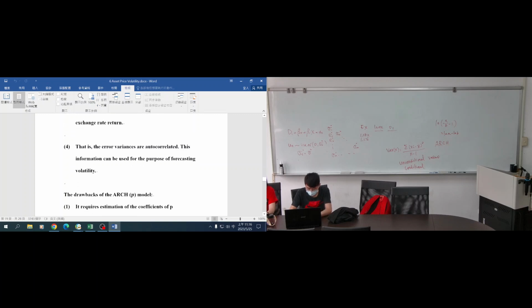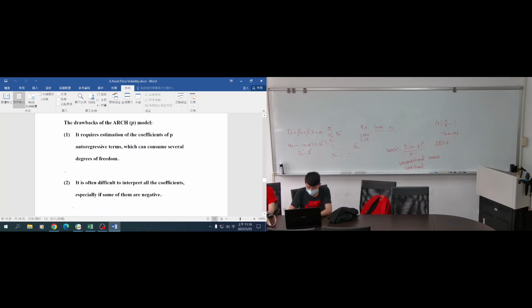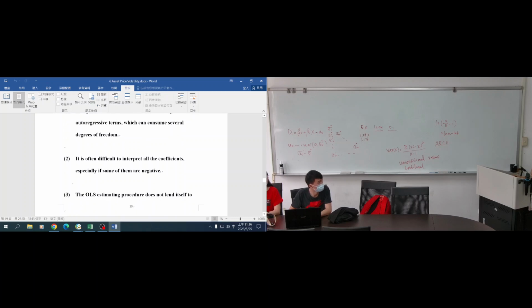Okay, any drawback of the ARCH P order? If I have P, here I'm using 8, it requires estimation of the coefficients of P autoregressive terms, which can consume several degrees of freedom. And it is often hard to interpret all the coefficients, especially if some of them are negative, because we say they should be positive.